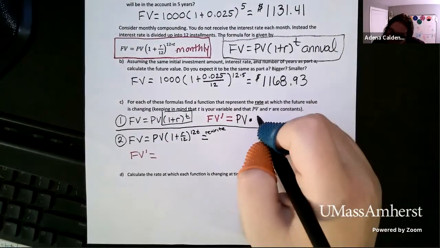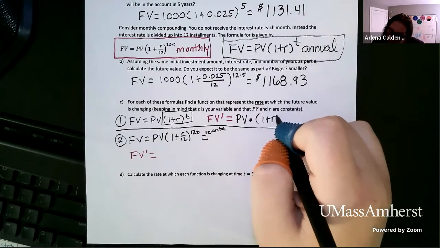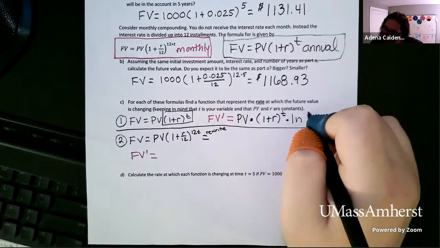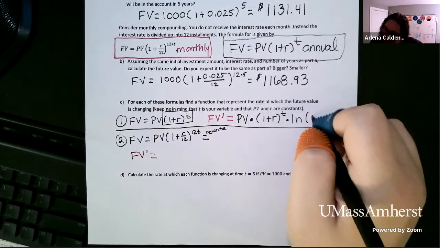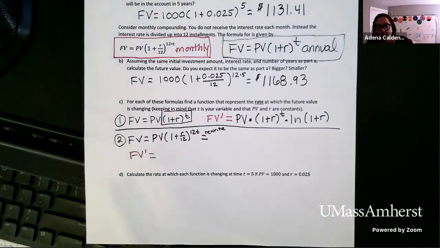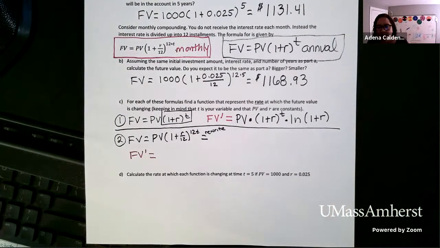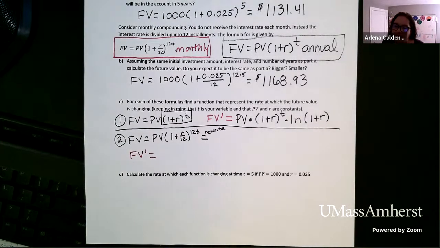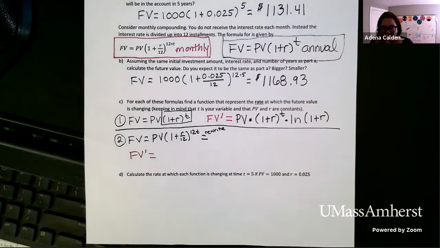So according to our rules, we're going to get the same thing back, (1 plus r) to the t, times the natural log of the base. Well, the base is the whole entire 1 plus r, because that whole thing is raised to the t. So our derivative looks like that: PV times (1 plus r) to the t times the natural log of (1 plus r).